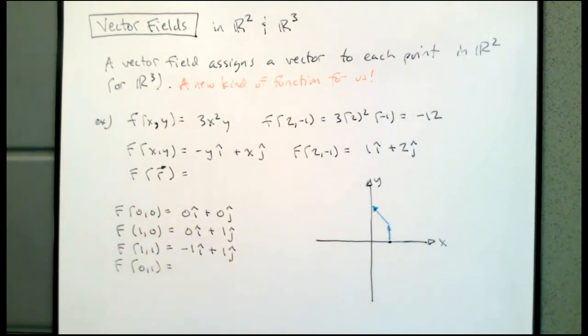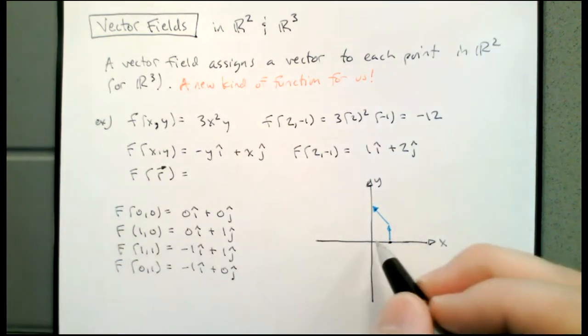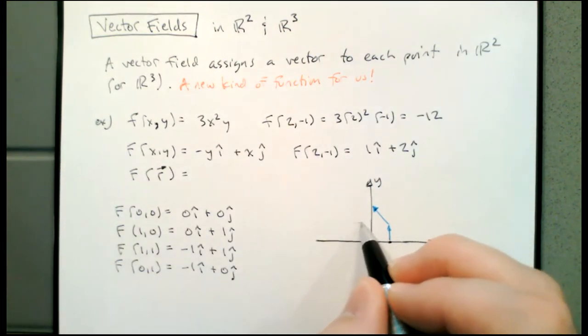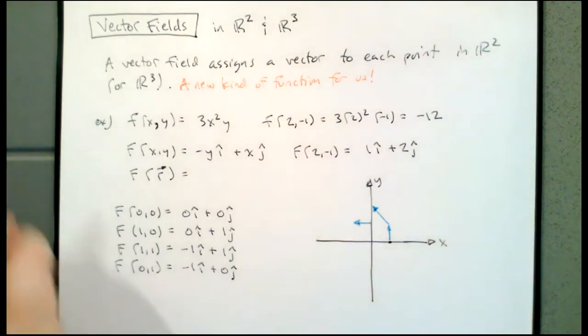At the point 0, 1, we'll get minus 1 times i, plus 0 times j. So at the point 0, 1, we get the direction vector negative 1i plus 0j.